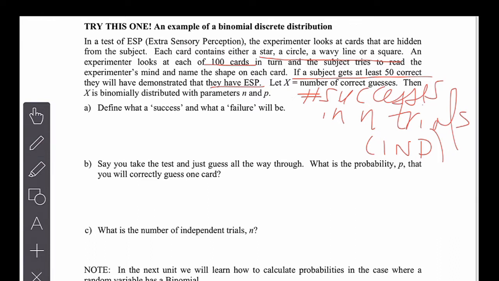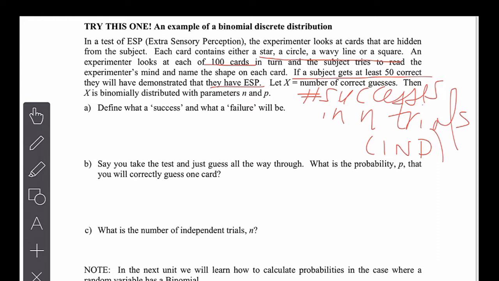Since I've told you this right away, the way that it's laid out, a success is a correct guess. A correct guess each time is what I'm interested in as the success.